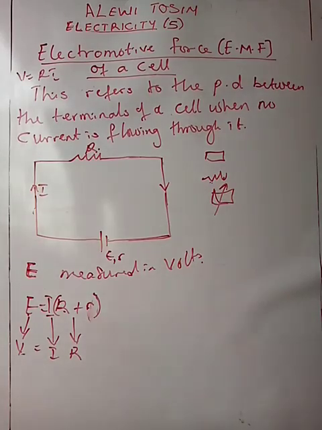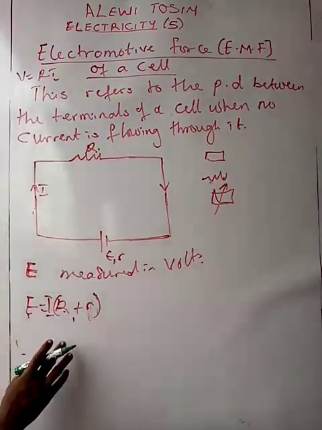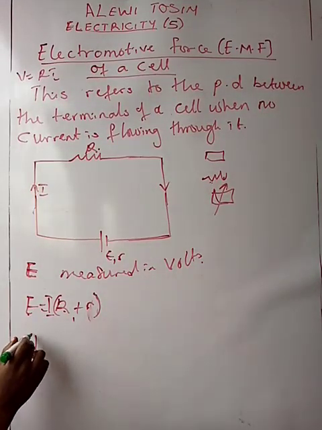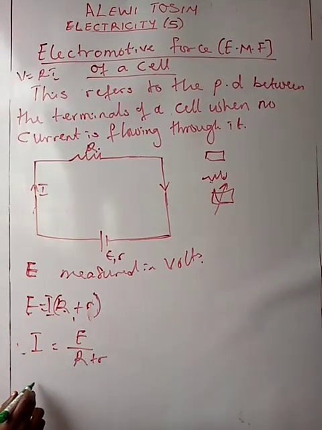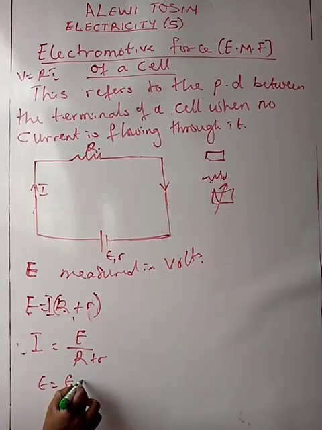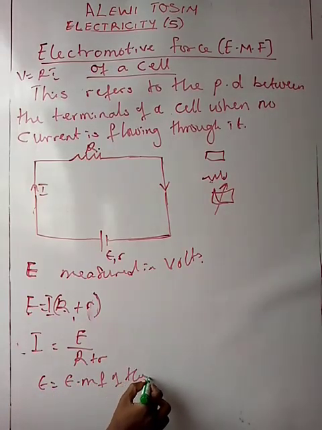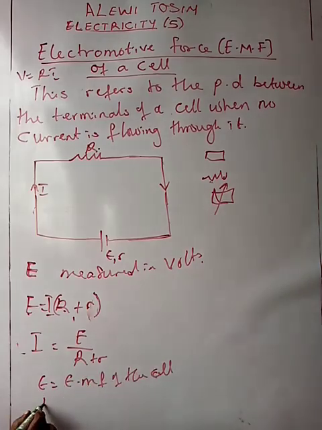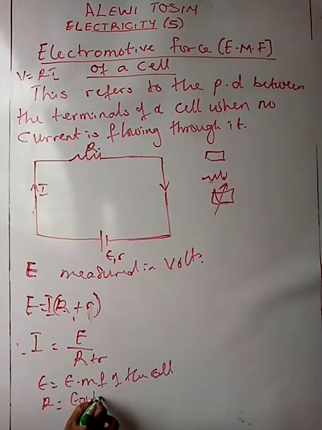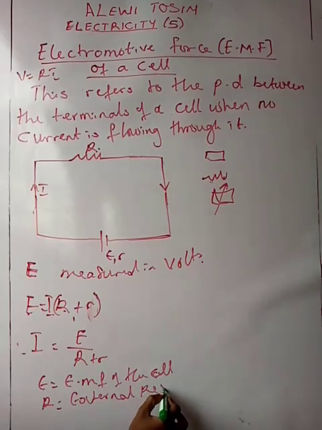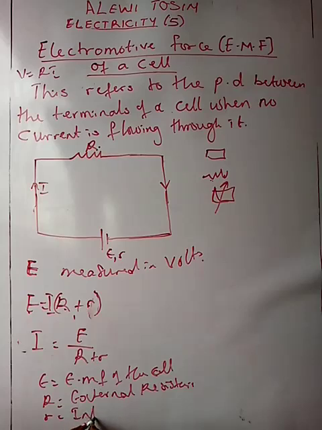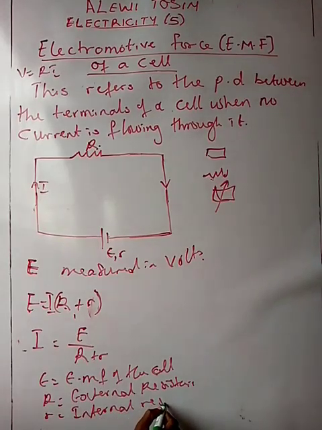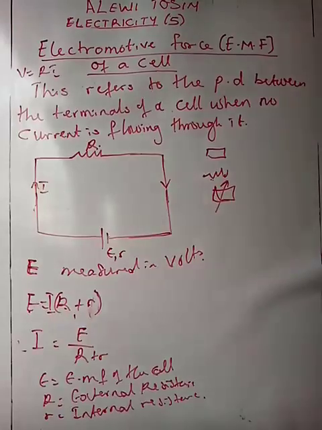So from this we can say that our I could be written as E over R plus r, where E is the EMF of the cell, R is the external resistance, and small r is the internal resistance. So that gives you what?